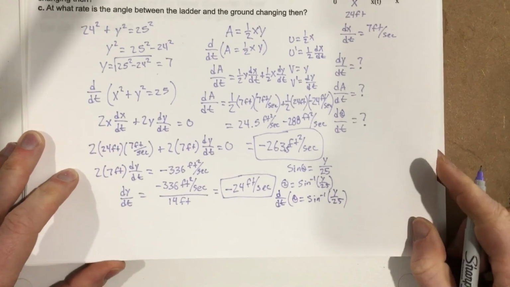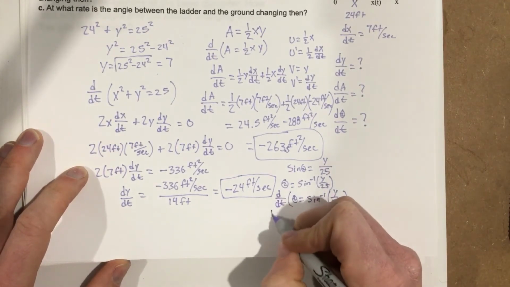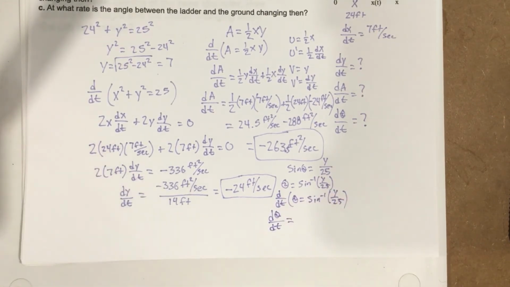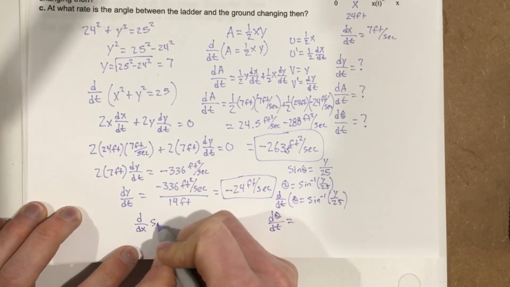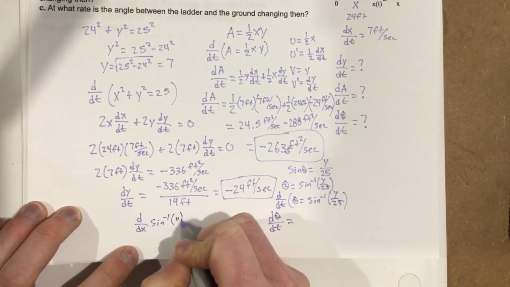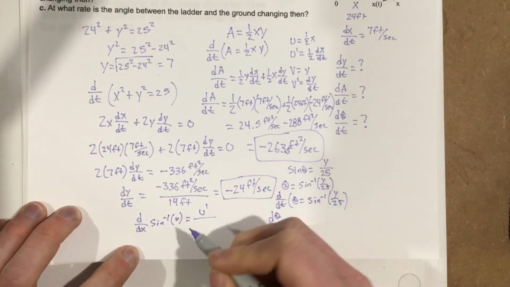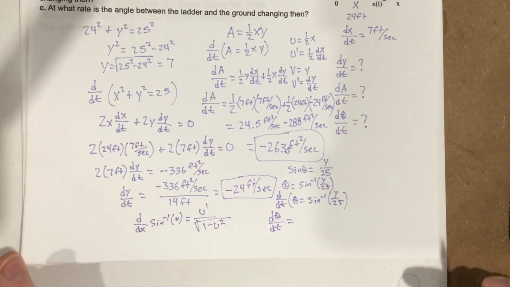I'm going to pull out a formula for derivatives of trig inverses: d over dx of sine inverse of u is equal to u prime over root 1 minus u squared. That should be in your formula list.